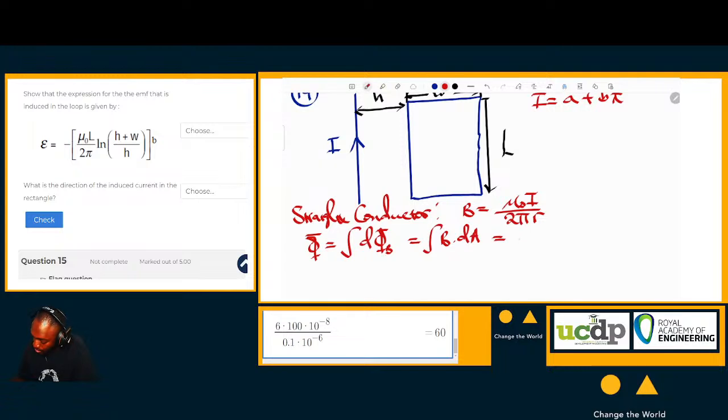B is a constant, so we can take it out of the integral, so it becomes B dA.